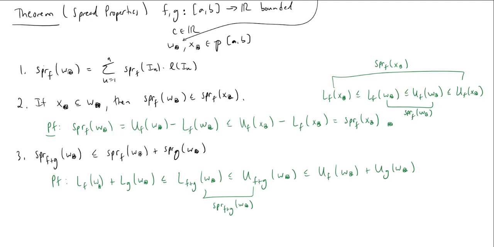But if I subtract this top piece from the bottom piece here, now I have U_F minus L_F, and I have U_G minus L_G. That's precisely the sum of the F spread and the G spread. And so that shows that the F plus G spread is bounded from above by the sum of the F and G spreads. So that proves 3.